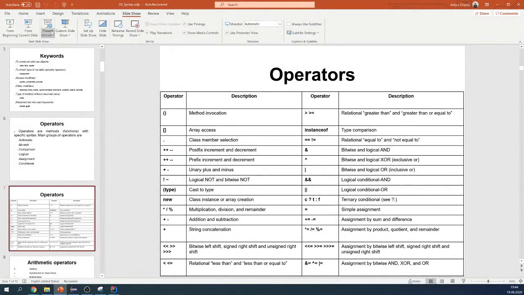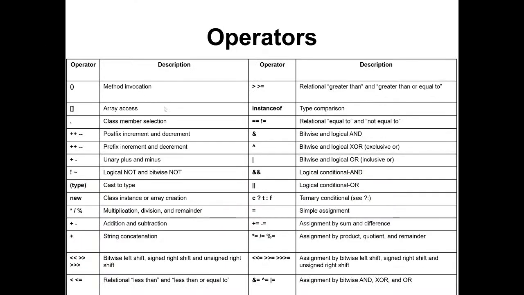From the current slide, we have a simple plus and minus operator, logical not and bitwise not, cast, operator new, multiplication, division and remainder, addition and subtraction, pretty straightforward. String concatenation, yes.